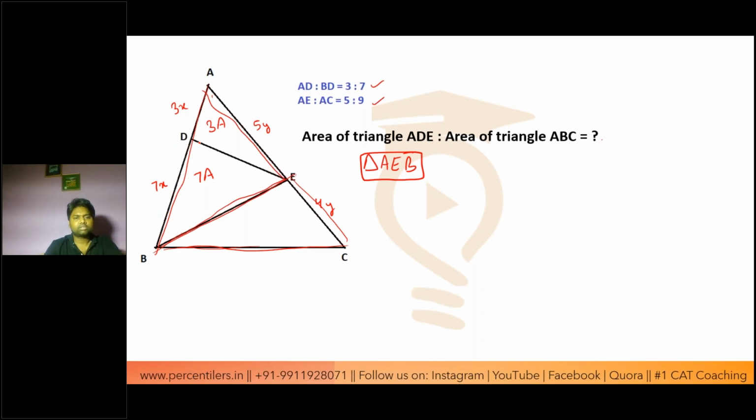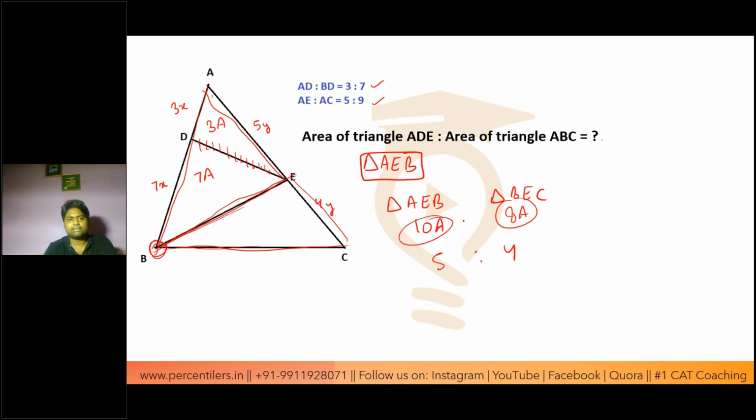So triangle AEB is 10A area. Okay, and triangle BEC. So BE is a line segment coming from the vertex and dividing the base in the ratio 5:4. So the areas must also be in the ratio 5:4. So if this is 10A, this has got to be 8A. This area is 8A.